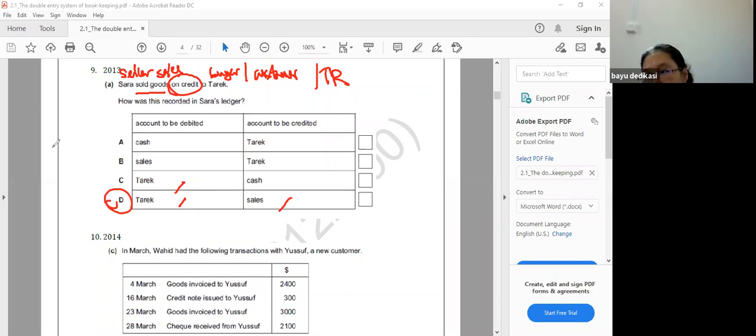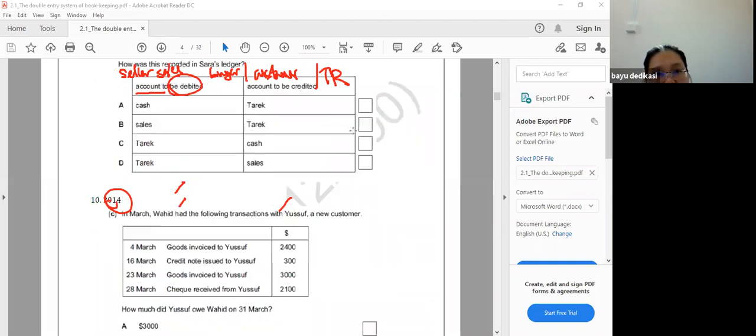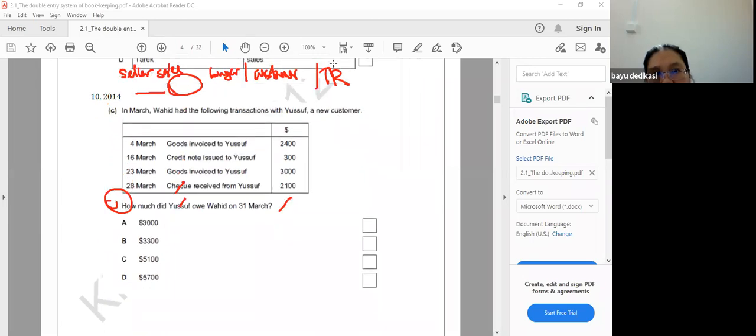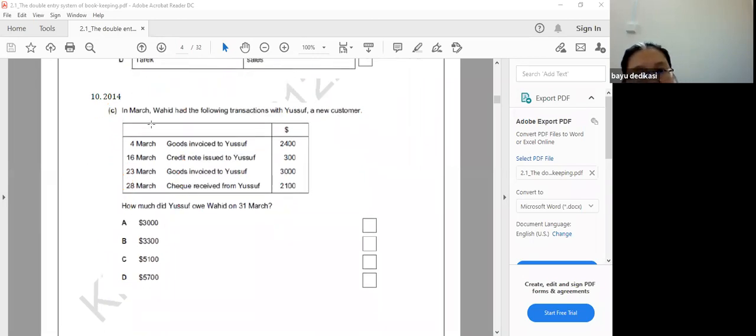Question 10. On March, Wahid had the following transactions with Yusuf, a new customer. Goods invoiced to Yusuf, this is a sales, 2,400.